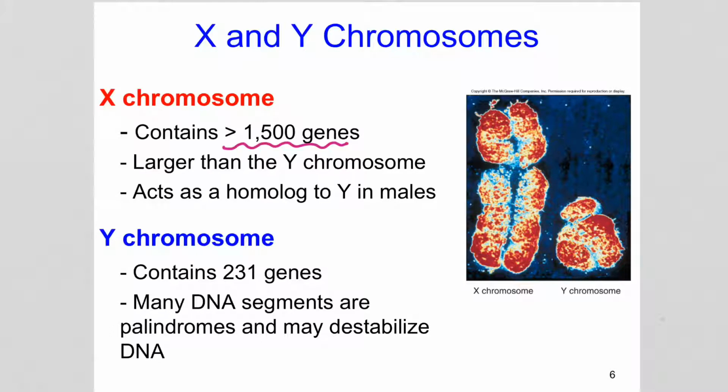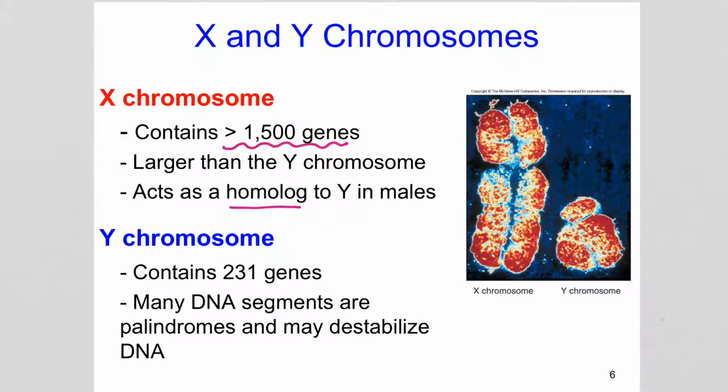So remember, it's still our homolog when we have our different pairs of chromosomes. Our sex chromosome pair, we can see two X's, we can see an X or a Y. So those are our homologs. But our X chromosome is larger and has many more genes.